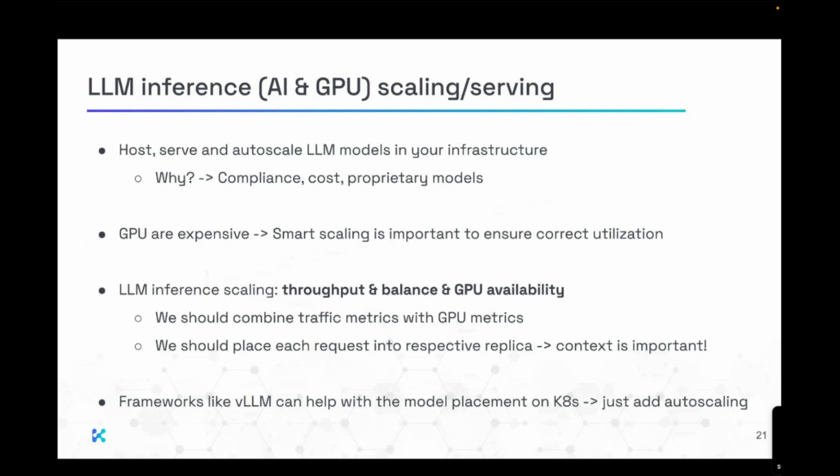Because, for example, if you are scaling out the models and you have an open session with the model and you are prompting the model, you would like to end up with the request on the same replica, or in the replica that has the cache already present, because you don't want to reload the whole conversation. So there are some tricky things about the serving and the auto-scaling part of the models. But luckily, there are some clever people thinking about this already, so not me. So this is something that will be handled pretty soon.